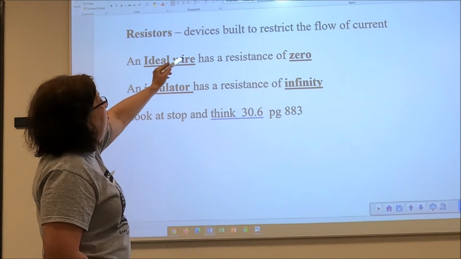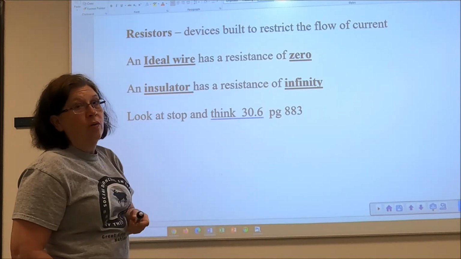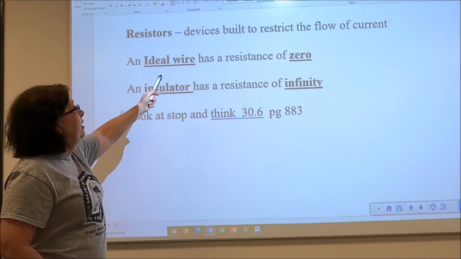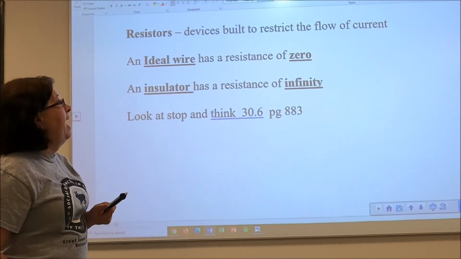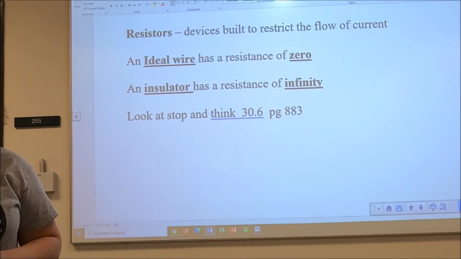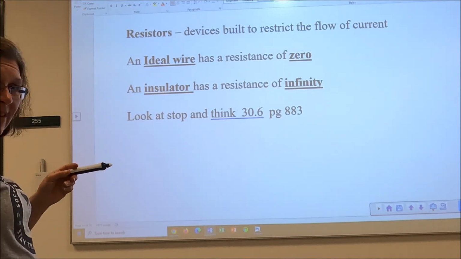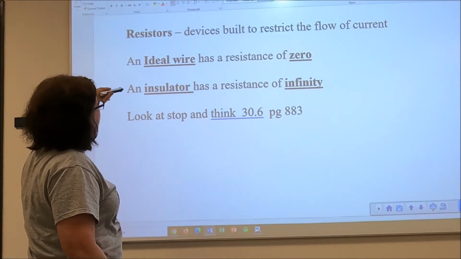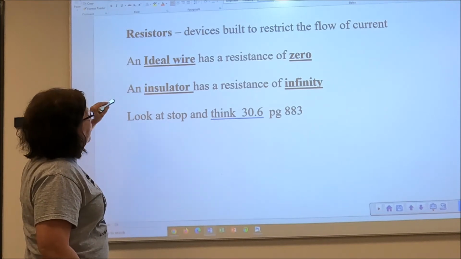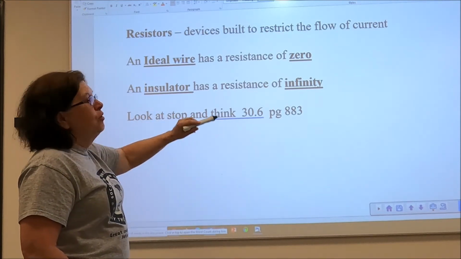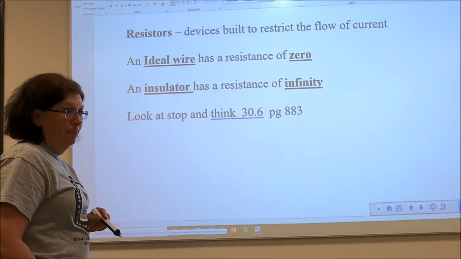So a resistor is a device built to restrict the flow of current. An ideal wire for us right now is going to have a resistivity of 0. Now, in the real world, we know that wires have resistance. But we're playing physics fantasy land, so an ideal wire has no resistance. An insulator has a resistance of infinity.